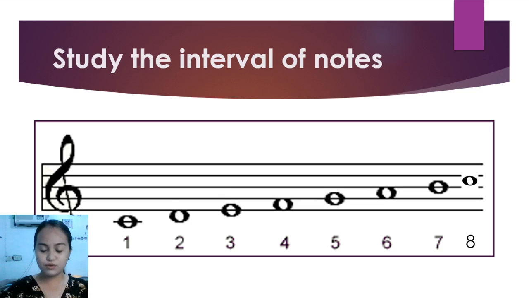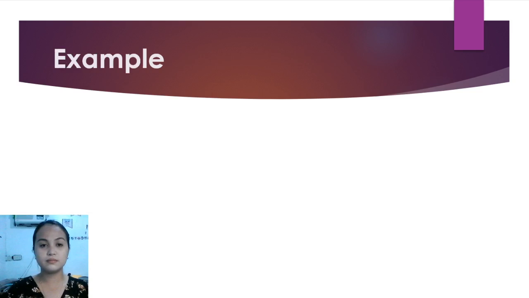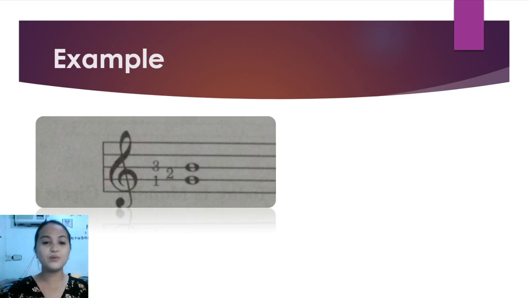So, for more understanding of how to count the intervals of notes written on the staff, I will give you more examples. Number 1. What have you noticed about the note? We only have 2, right? This is how you count the notes.